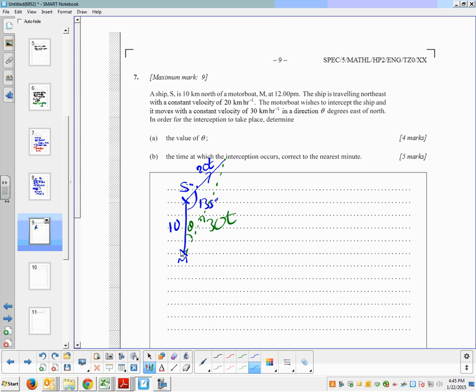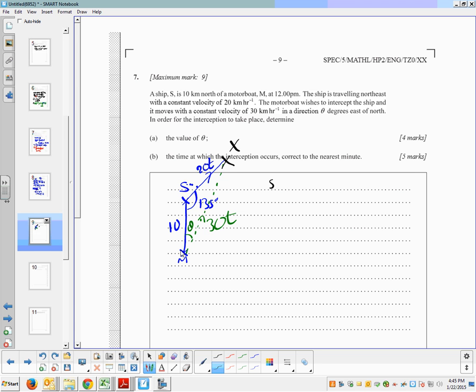So I'll be able to set up equations in t and theta using what I know. I think the first thing to do is use some sine rule. Let's call this point X for interception.